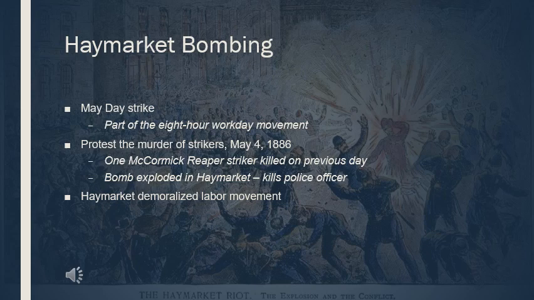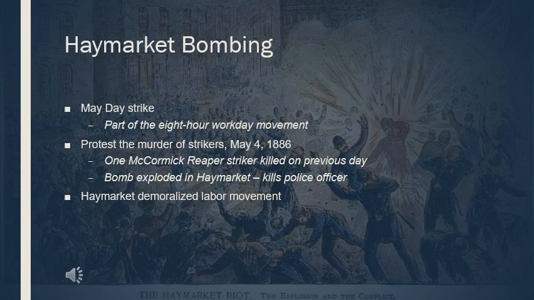So what actually happens? Well, first and foremost, you need to know that this takes place in Chicago, and the Chicago unions had organized a May Day strike on May 1st, where they were marching from factory to factory, getting more workers to leave their posts to come and advocate for an 8-hour workday. And the initial May Day strike was very peaceful, and it had city support.